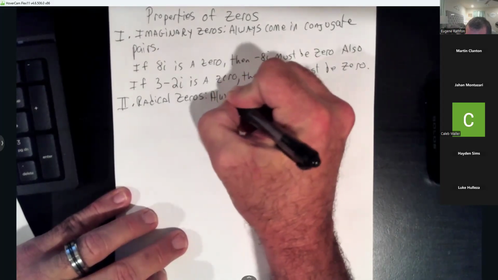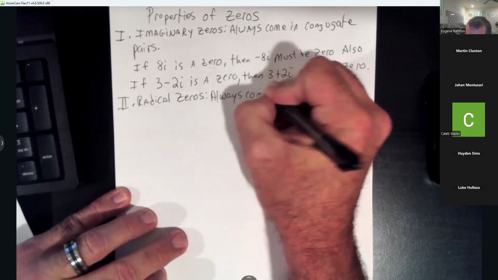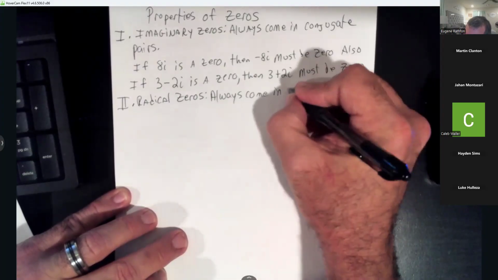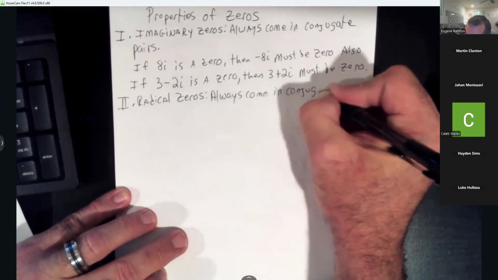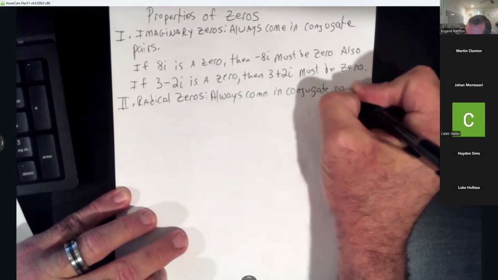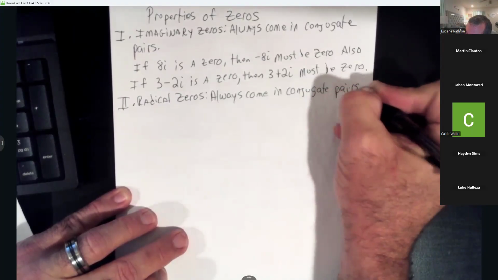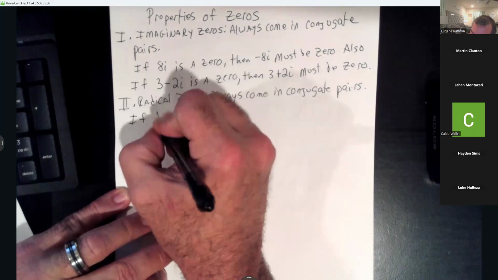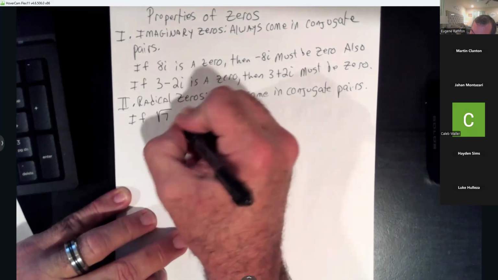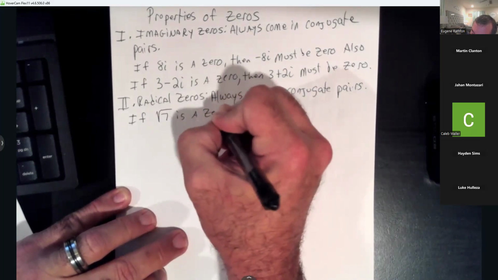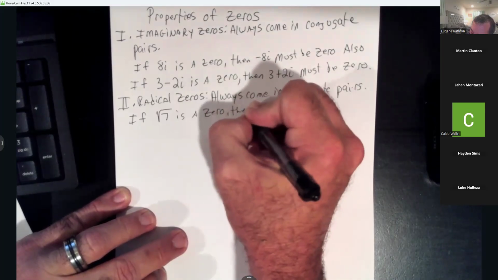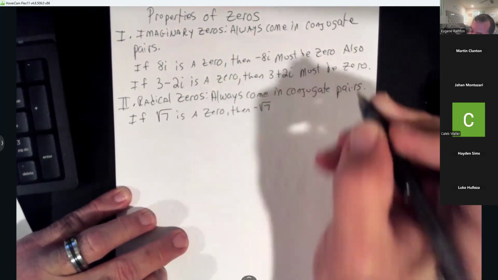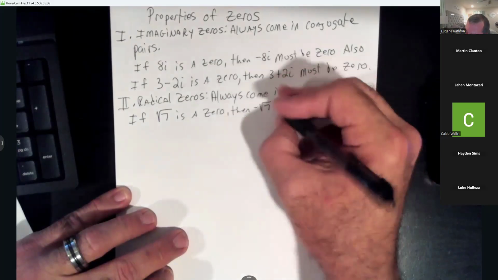So always come in conjugate pairs. And I'll show you examples of those. If a square root of 7 is a zero, then negative square root of 7 must be zero also.